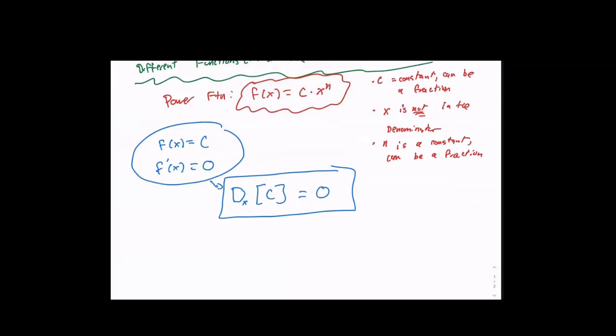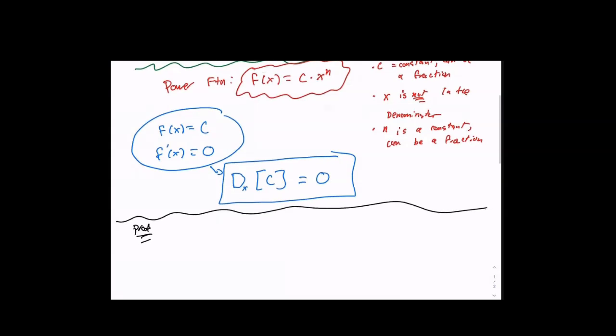Now, I do want to show you why it works. The following is a proof. It is not something I will ask you to do, but why is the derivative of a constant 0? If we use the definition of the derivative, this is equal to the limit as h approaches 0 of f of x plus h minus f of x all over h, but f of x is always going to be c.